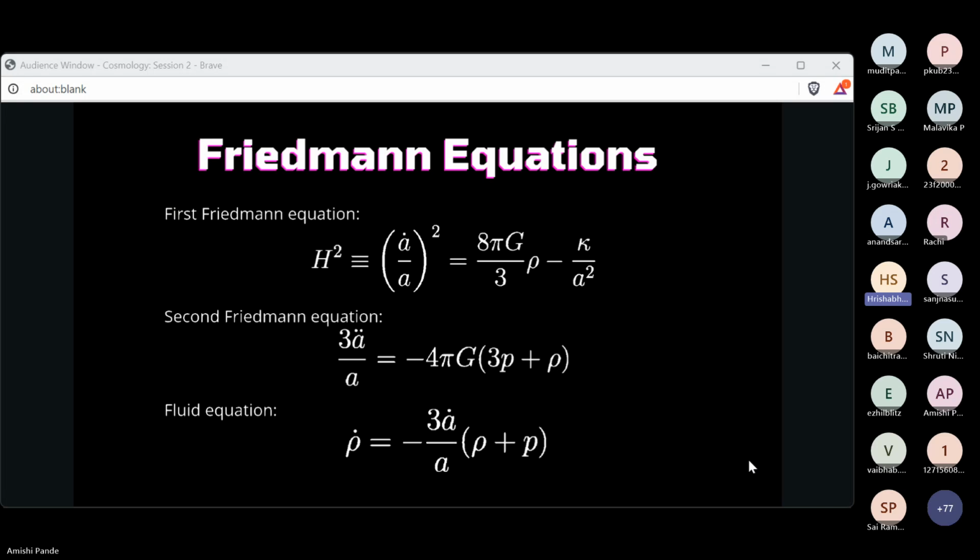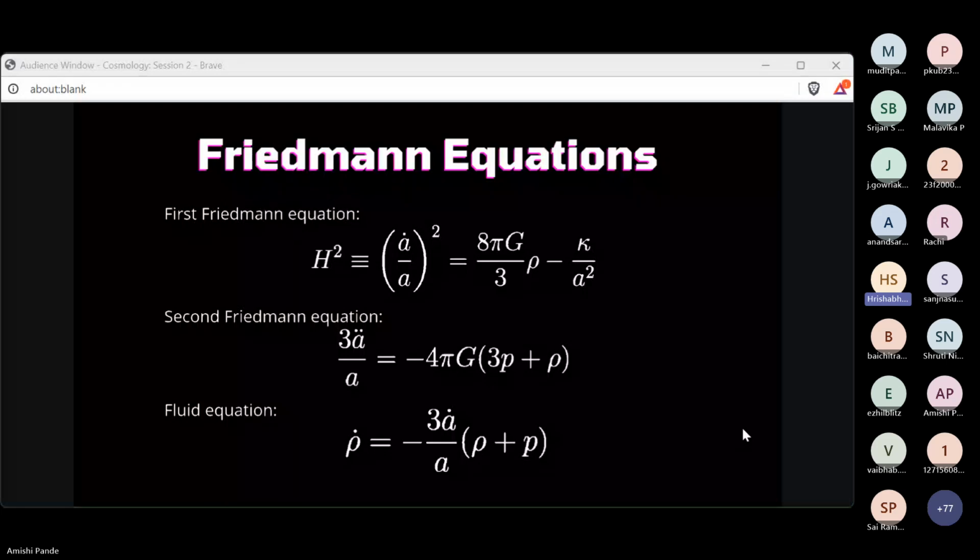So now we have our FLRW metric. You remember the recipe that I taught you yesterday? We have our FLRW metric and we have Einstein's field equations. What we do is put that FLRW metric in the field equation, with the value of the Einstein tensor G and the value of the stress energy tensor.